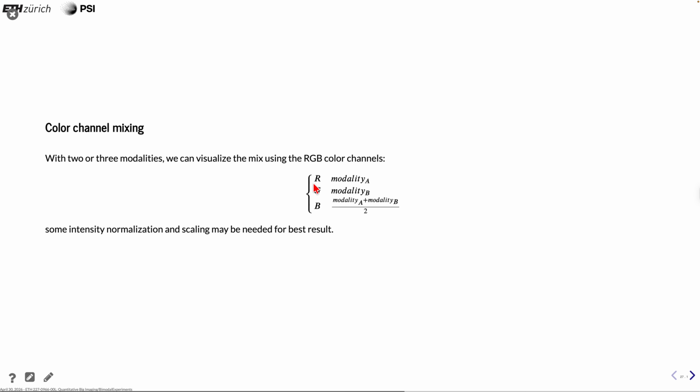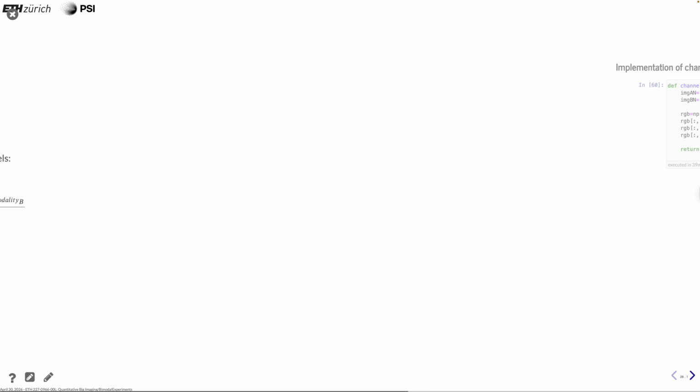You could, for example, set that the red channel is set to the intensity variations of modality A. The green color is set to modality changes in B. And the last channel you can do as the average of the two, so it's more or less just an intensity scaling channel in this case. And often you want to normalize the intensity in the two, otherwise it can be that one is very dominant and that doesn't bring much.